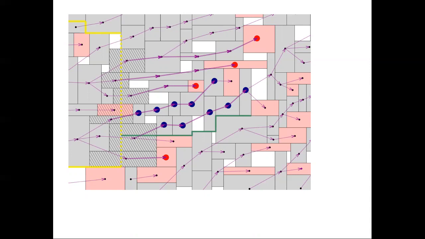For instance, this rectangle sees this one, and this one sees this one. It's possible to see several rectangles on the right. There are some rectangles that don't see anyone. These are the ones that are nested. So the ones in red are the leaves of this forest.